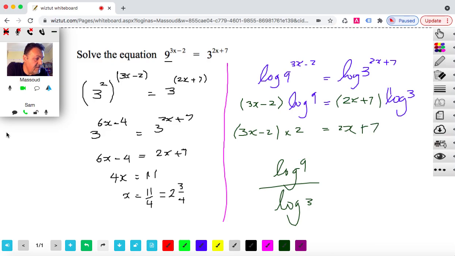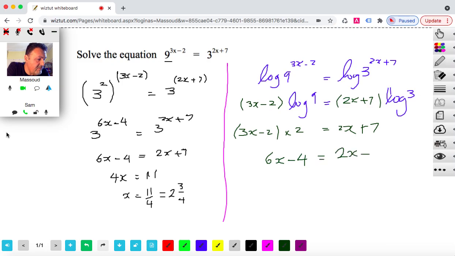And then it would just be a simple expanding of the bracket and solving the equation. So again, you would just arrive at the point where 6x minus 4 is equal to 2x plus 7. And as you know, we solved it here. So it's the same solution. So x would be equal to 2 3/4.